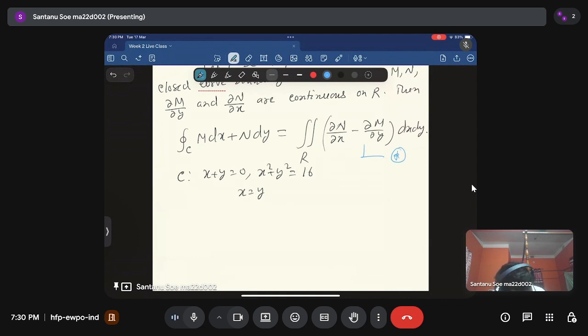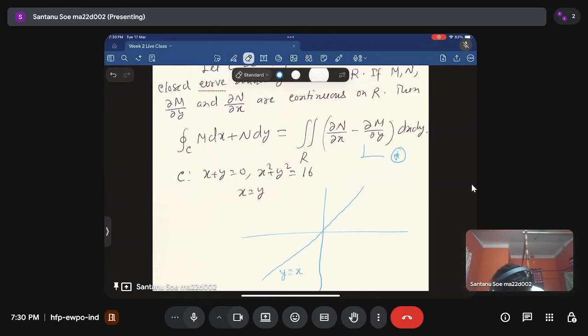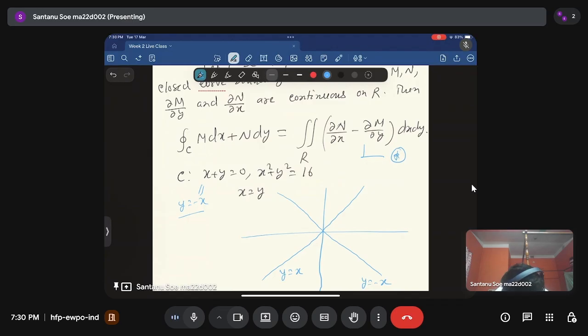First we draw the line y equals x. And x plus y equals 0 implies y is minus x, so this line is y equals minus x. And then x squared plus y squared equals 16.